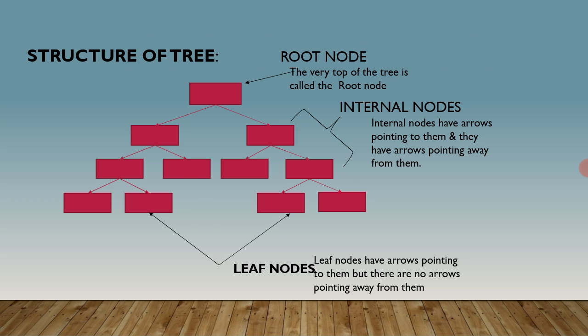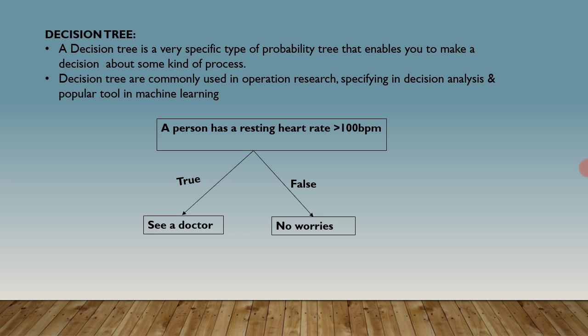Next we will move to the definition of decision tree. Generally, a decision tree is a map of possible outcomes of a series of related choices. The actual definition is: a decision tree is a very specific type of probability tree that enables you to make a decision about some kind of process.